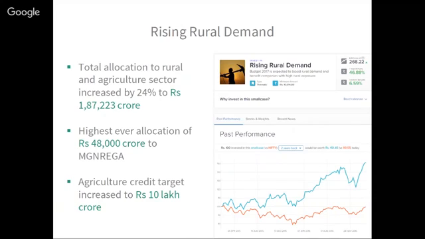So if the index is at 105, it means the smallcase is up 5% since its launch. If the index is 305, it means the smallcase is up 205% since its launch. You can also see the returns the smallcase generated in the last 1 year. Rural demand gave a stellar return of 46.88% in the last 1 year. In the last 1 month also, it is up 6.59%.